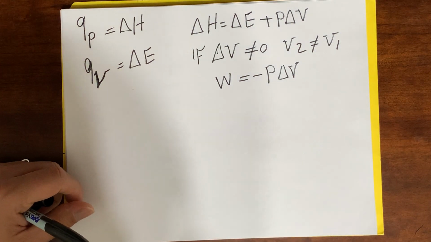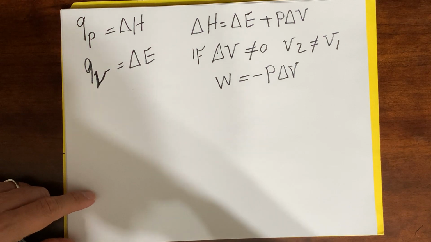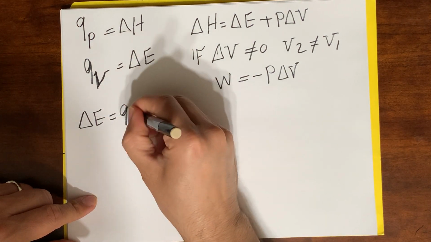Also, we went through a couple of formulas. One: delta E is equal to Q plus work.